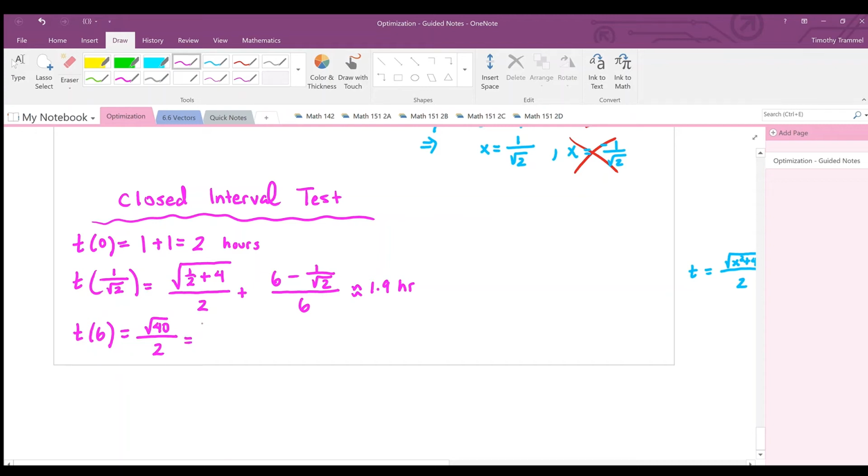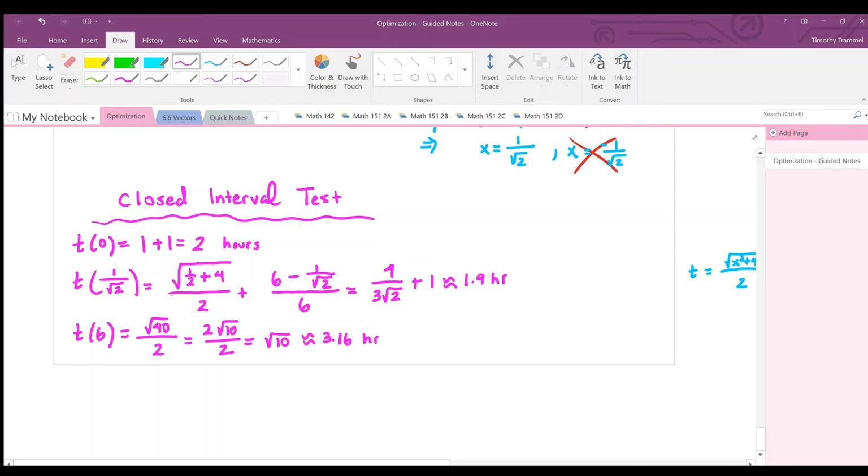And this could be rewritten as 2 root 10 over 2, which is the square root of 10, which comes out to be approximately 3.16 hours. And I'm going to write what this other one looks like if we were to write it neatly. This one here is 4 over 3 times the square root of 2 plus 1. And let's rewrite this decimal approximation here. It was about 1.9 hours.